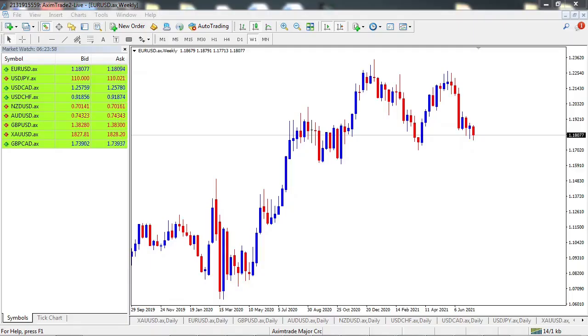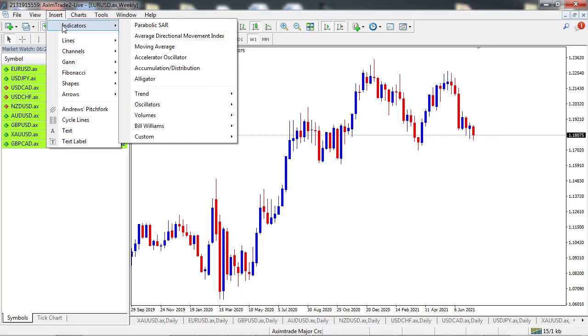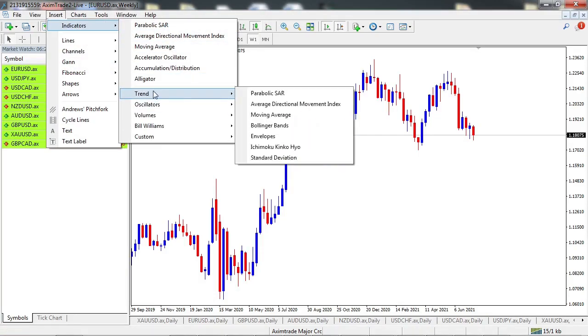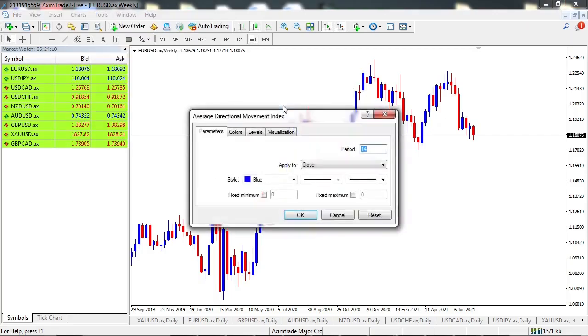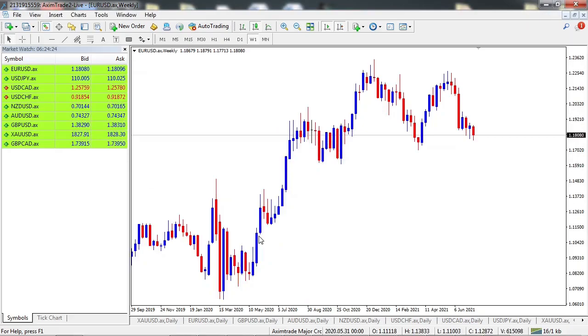Let's begin with placing the ADX indicator on chart. There are a few methods to do it. The first method is to go to Insert, then Indicators. Under the trend, select the Average Directional Movement Index. The second method is the easiest one, as you click and drop it from the Navigator panel.